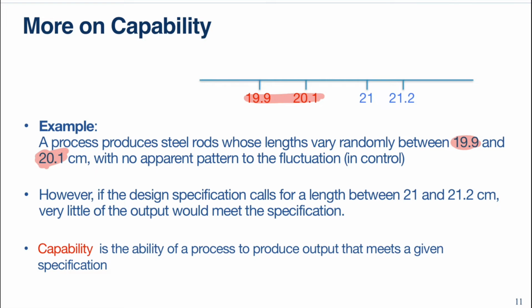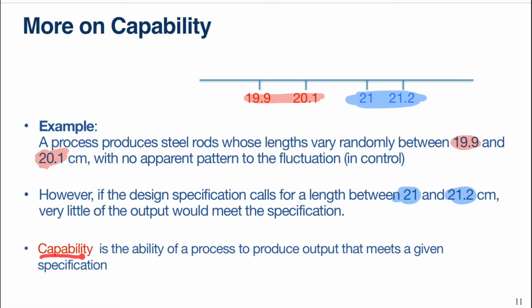However, the design specification calls for a length between 21 and 21.2. So this is what is actually required. So we can see that the process is actually in control because it's varying within small values, but it is not meeting the specification, so it's not the final result that we were expecting.